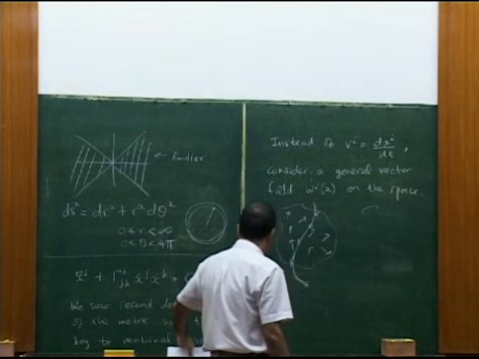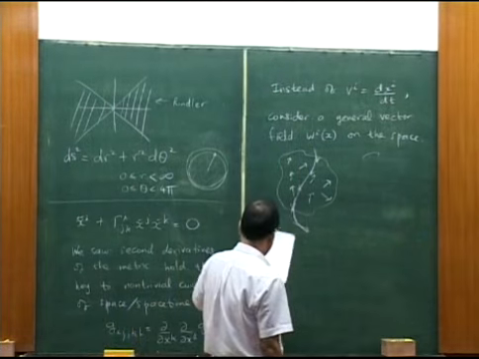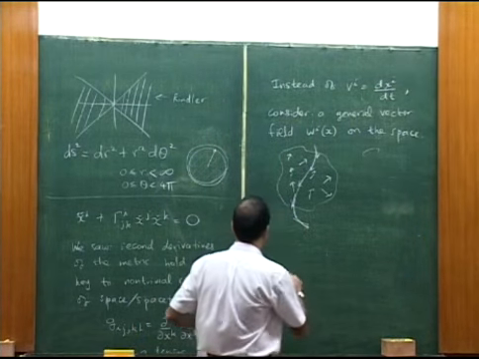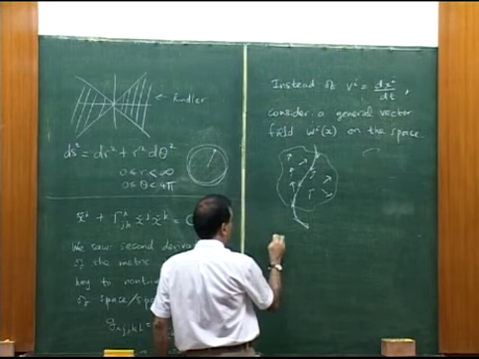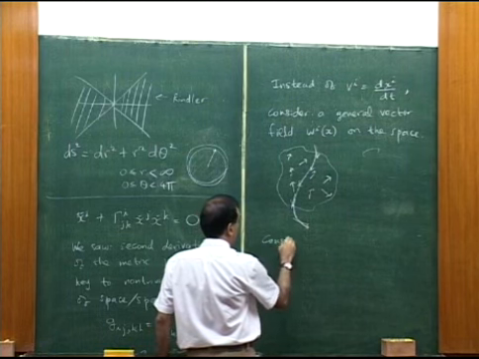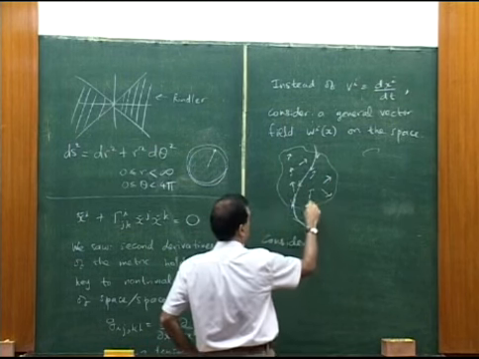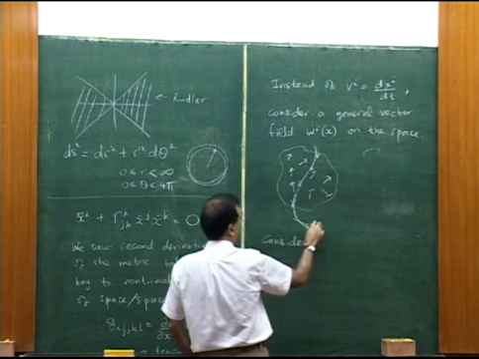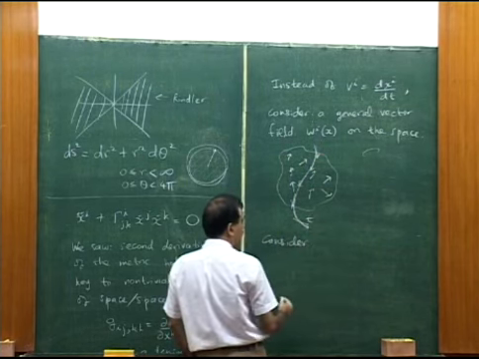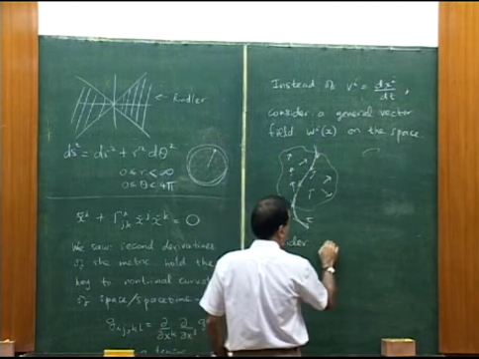Now, let's ask the following question. Consider that vector field Wi and consider a curve which is parameterized by t, and let's try to differentiate that vector field along the curve.